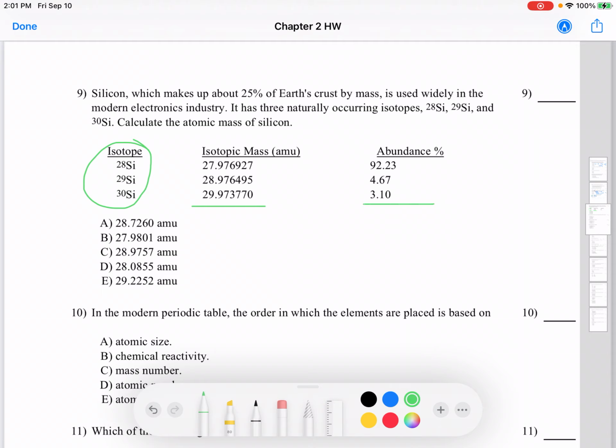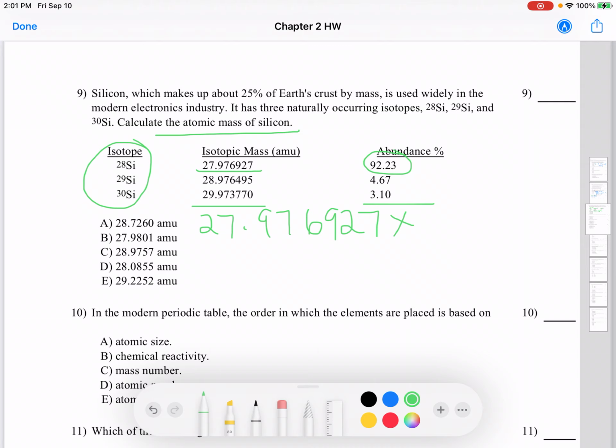To find the atomic mass, we take each isotope mass, multiply it by its percent abundance, and then sum them up. Now if you take the first one, 27.976927, you multiply it by the percent abundance.